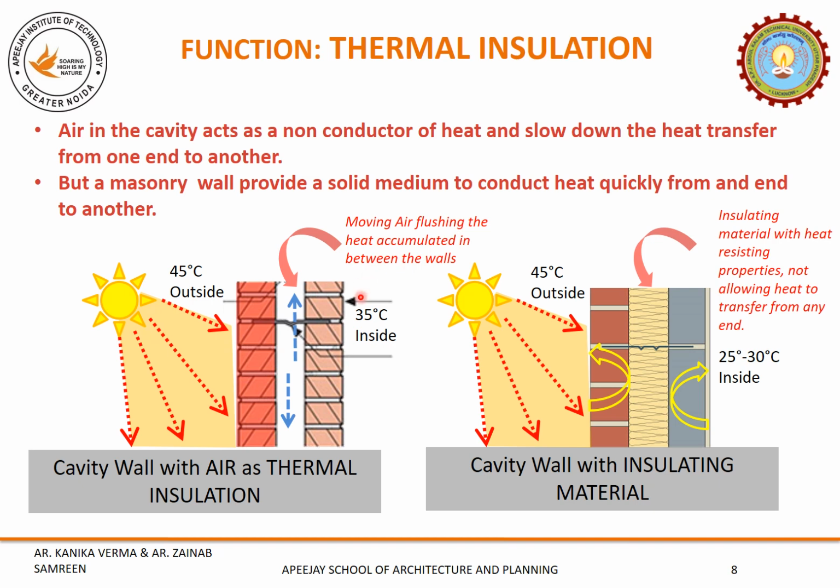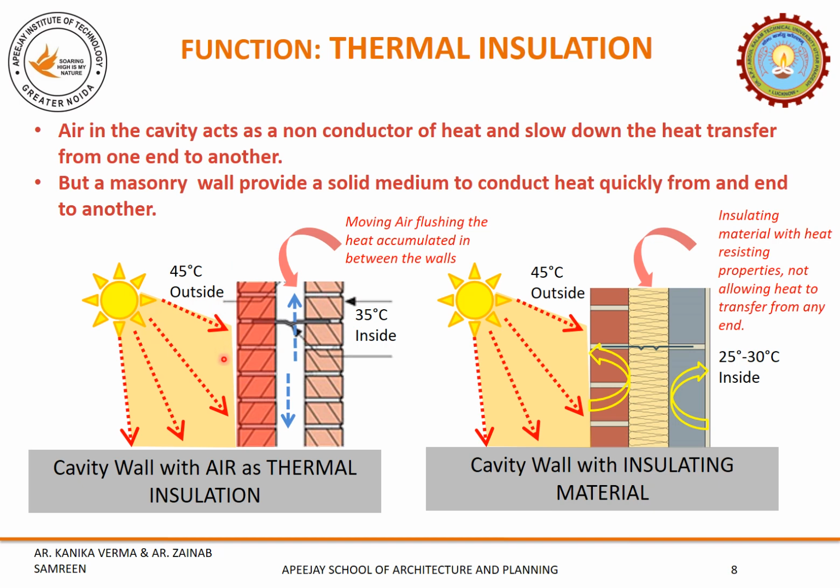But here the contact has been broken by a cavity which has air in it, and this acts as a non-conductor of heat and hence minimizes the transmission of heat from the outer leaf to the inner leaf, right? Thus it helps in maintaining the thermal insulation of a premise. This helps you in keeping warm in winter and cool in summer.